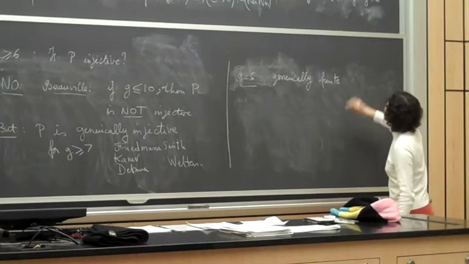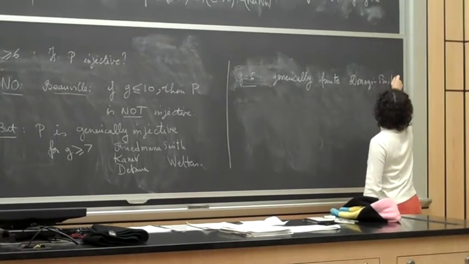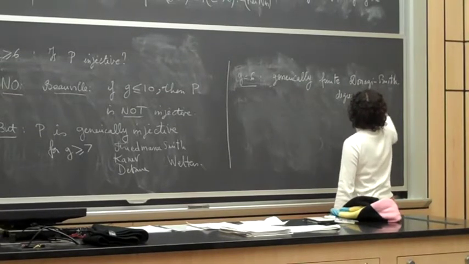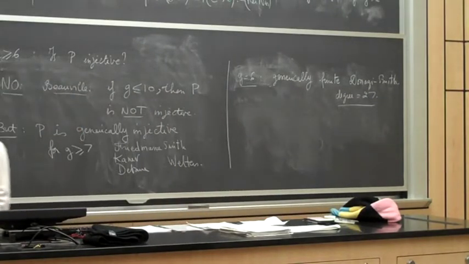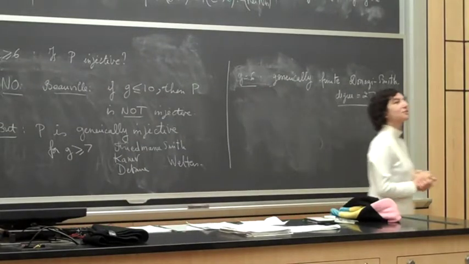And Donagi and Smith computed the degree to be 27. And it is very much related to the 27 lines on the cubic surface, for those of you who know about that. It's a very nice construction.